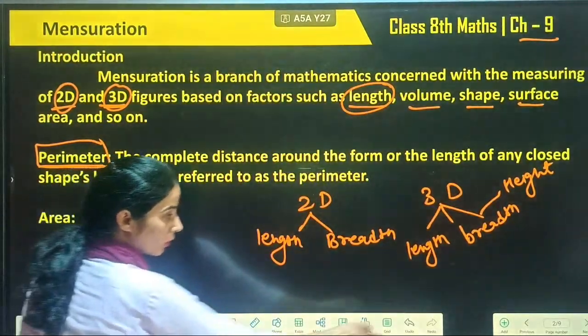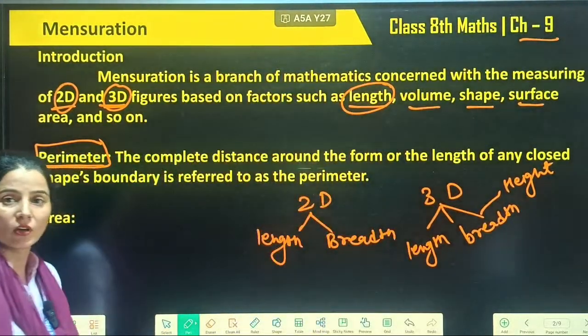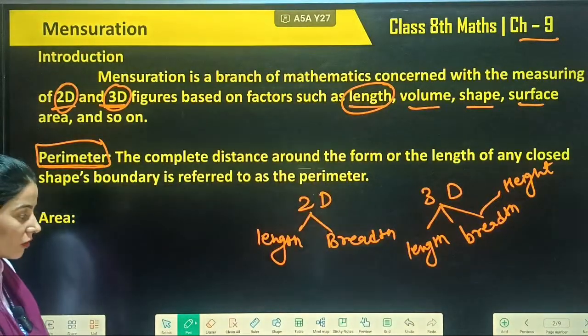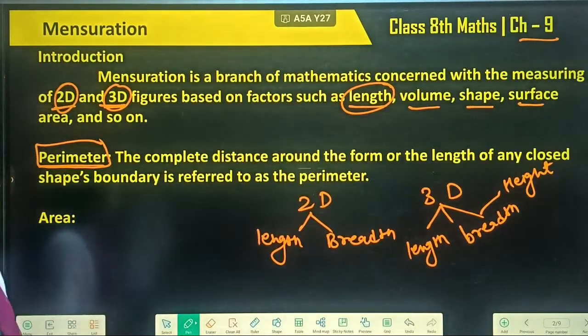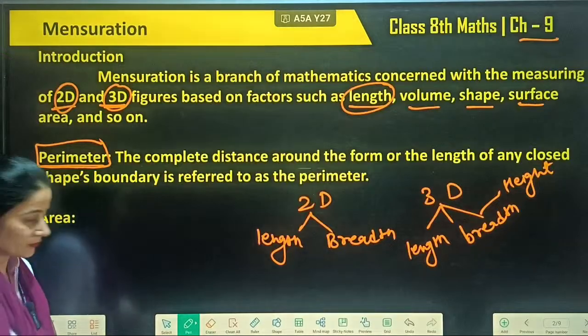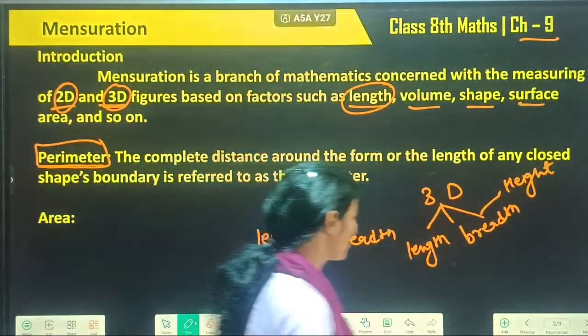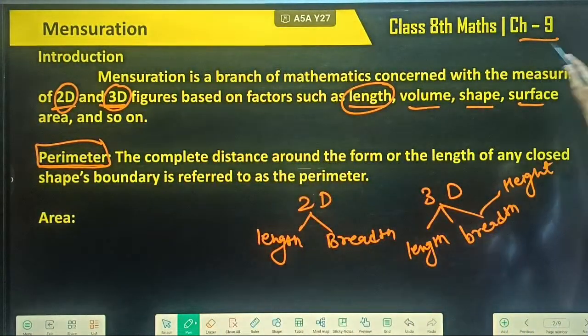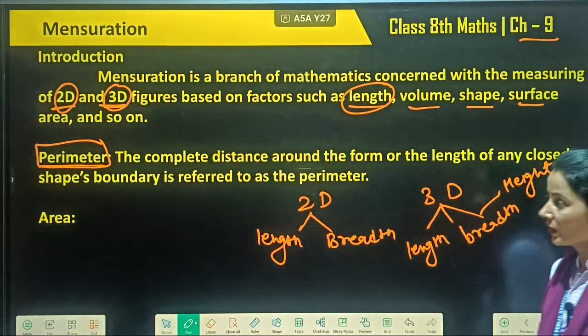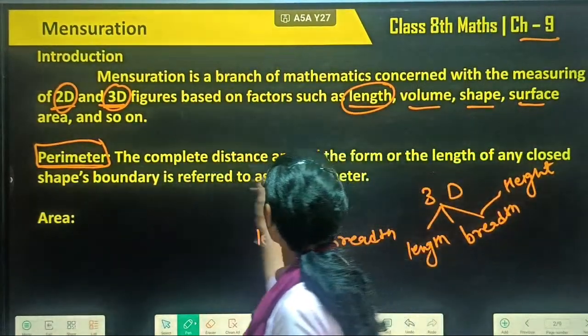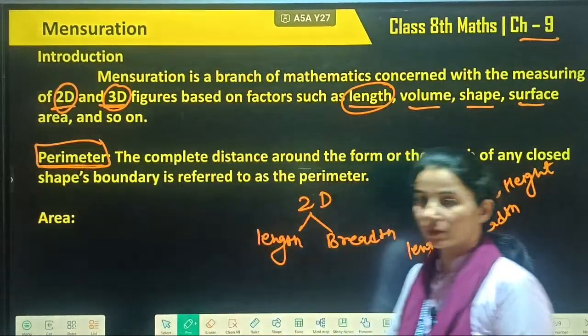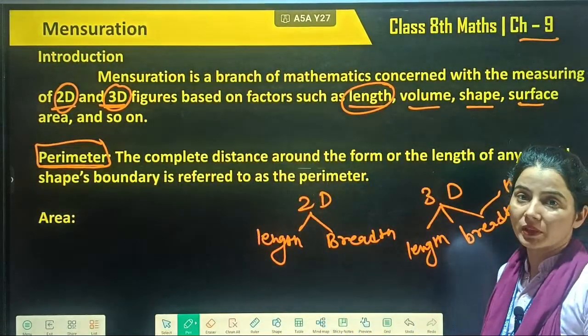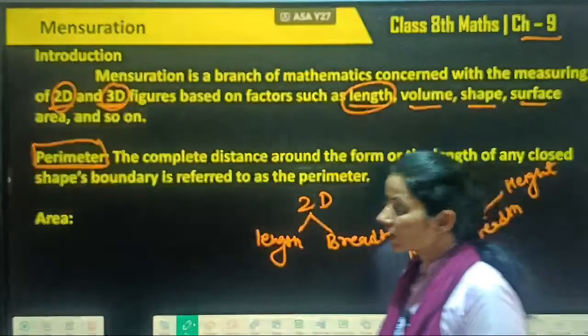The sum of the lengths of all sides of a figure is called its perimeter. If I add all the boundaries of this board, then I will get the perimeter of this board. That is the complete distance around a figure. That is its perimeter.